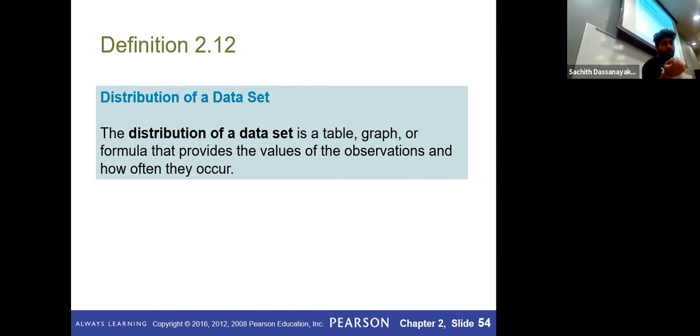The distribution of a data set is going to be, as I mentioned, a table, a graph, or a formula. It can be a formula. Later you will see the formula of a normal distribution, something like a giant one. So we can keep a mathematical formula to represent this kind of distribution.